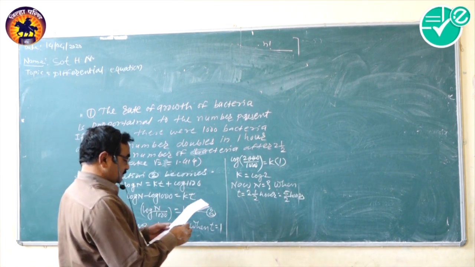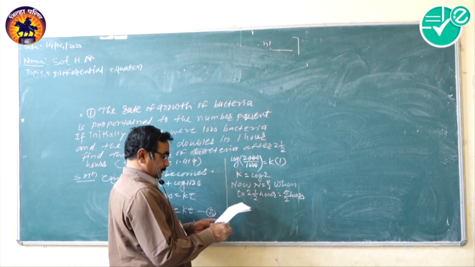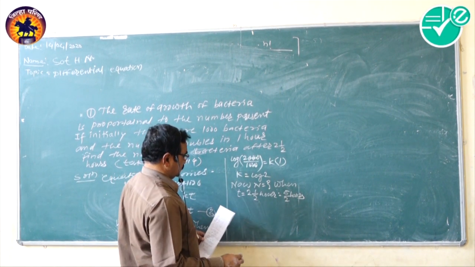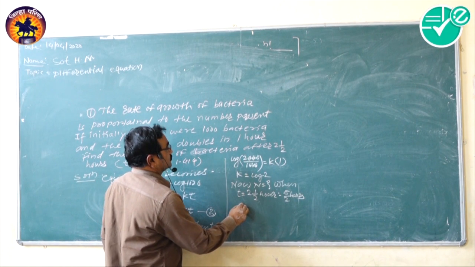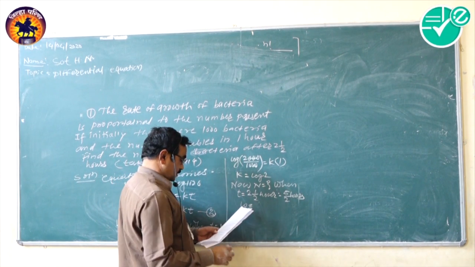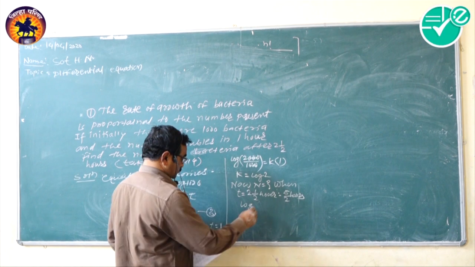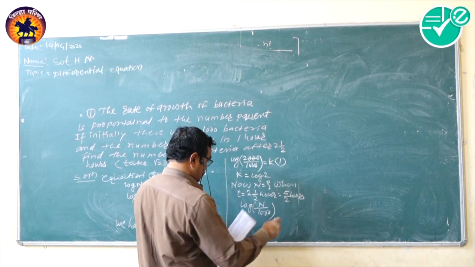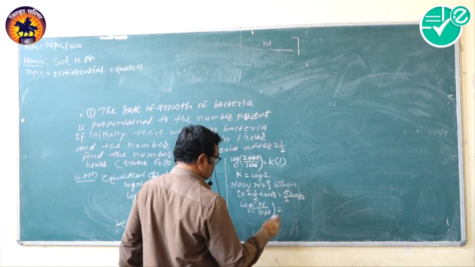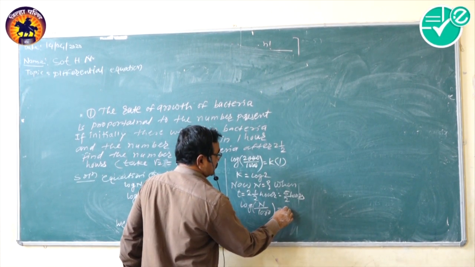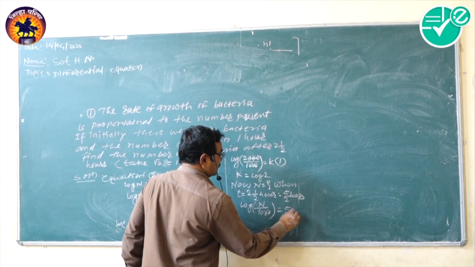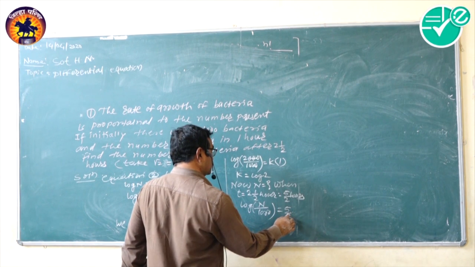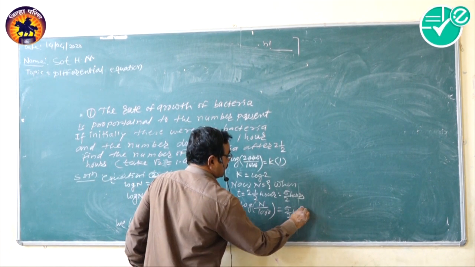We solve this as log of N upon 1000 is equal to kt, 5/2 into log 2.